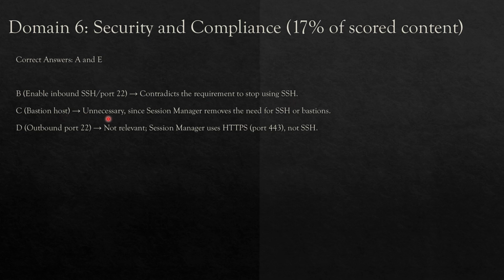A bastion host is unnecessary because Session Manager removes the need for SSH or bastions. Opening outbound port 22 is just not relevant, because Session Manager uses HTTPS, not SSH. So these are the kind of questions which you will see on the exam.